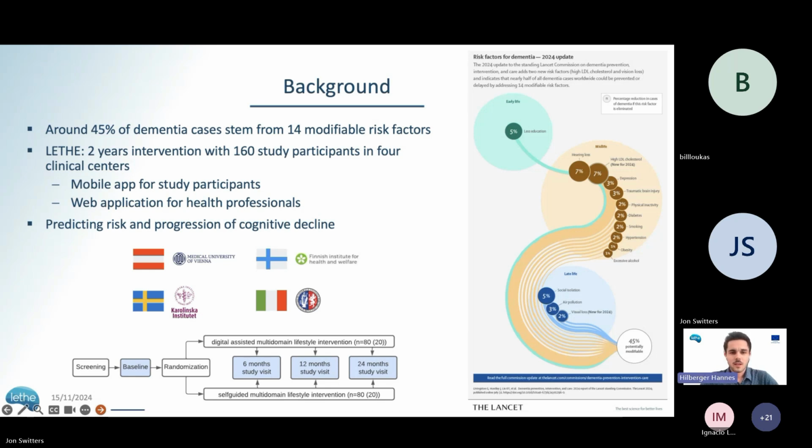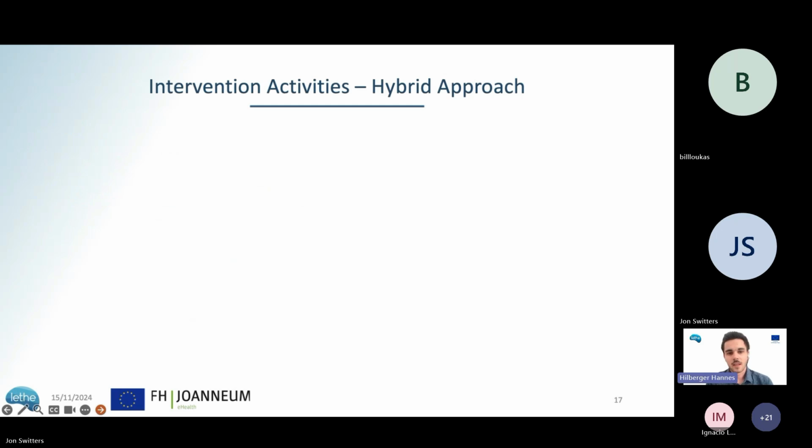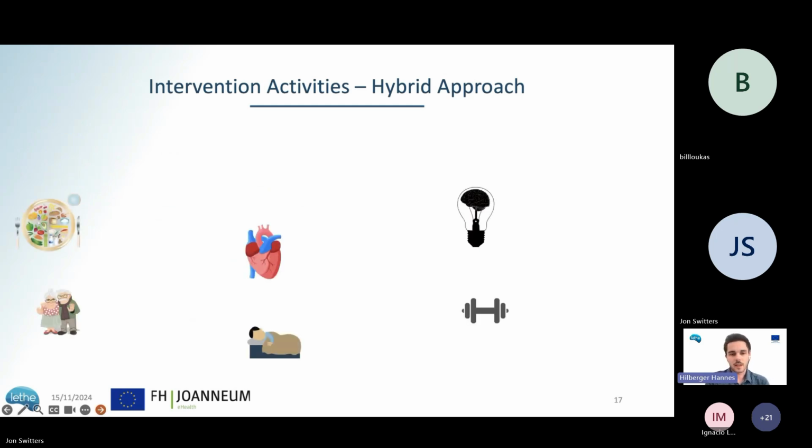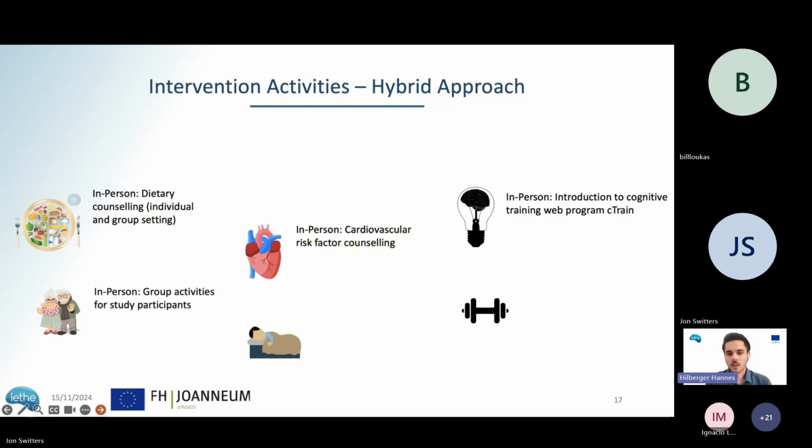So first, we have to have a quick look at the intervention itself. If you go to the next slide, John, please. So we have identified the modifiable risk factors and grouped them into several lifestyle domains, namely nutrition, cardiovascular risk factor management, cognitive training, physical activity sessions, social activity, and sleep and relaxation.